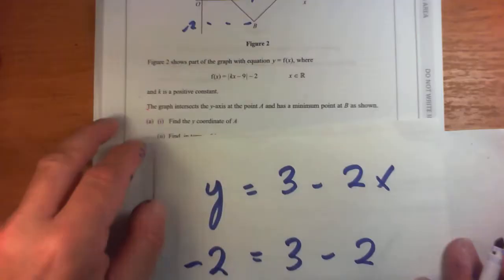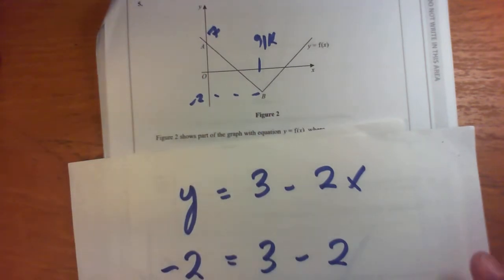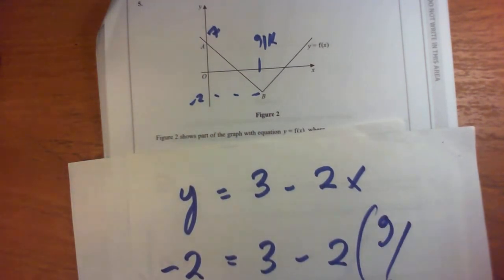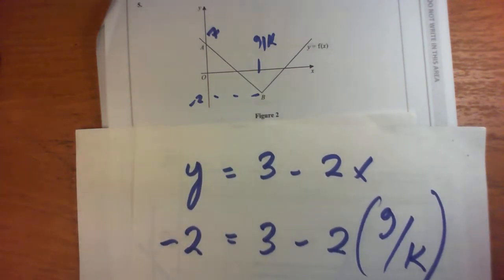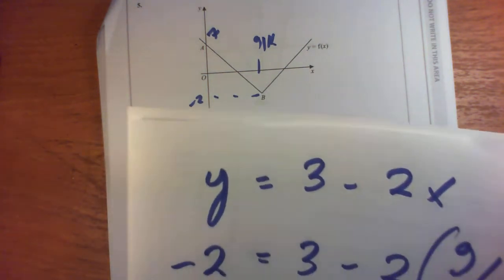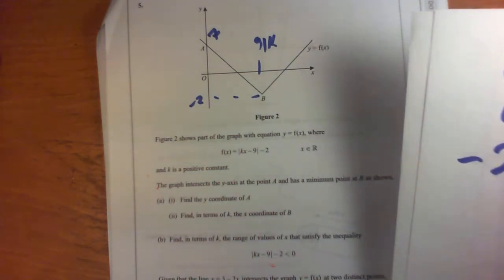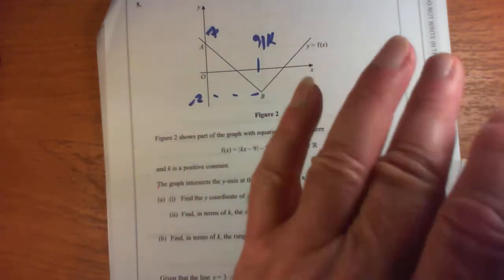And I've got the diagram up at the top here, haven't I? It's 9 over k. And that'll give me the value of k straight off. And if you've followed what I said before, once you find that value of k, then the actual value of k I want is k greater than that value.